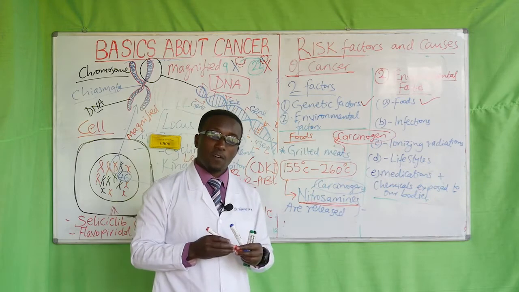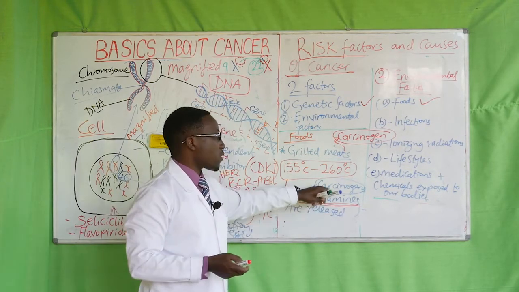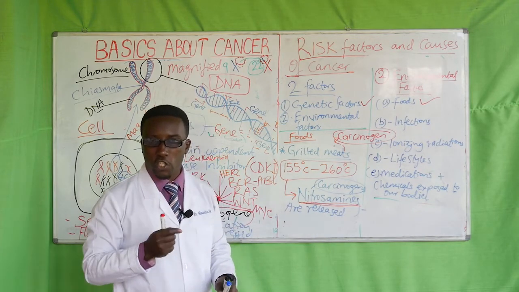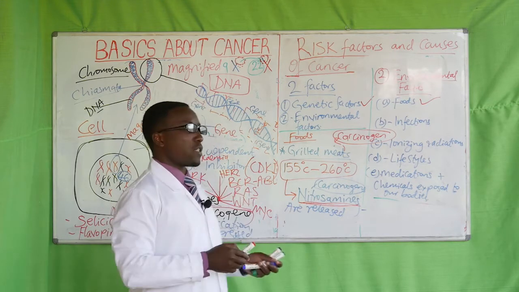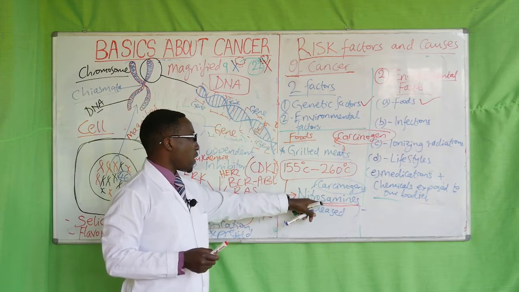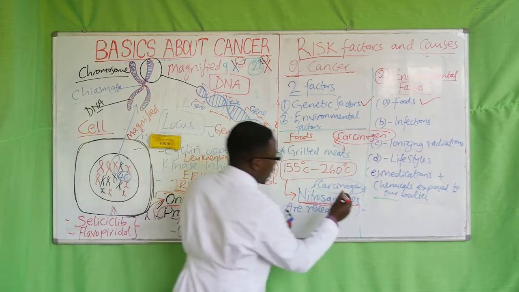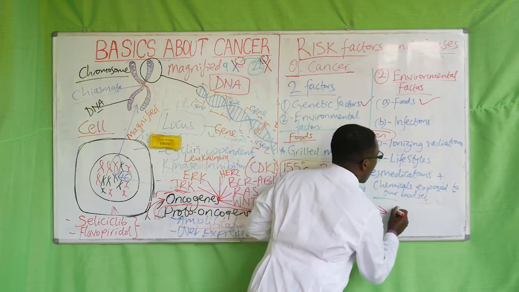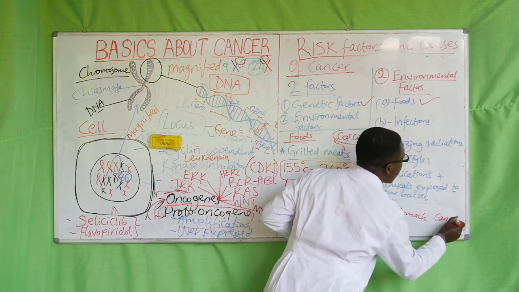From today onwards, you need to know that nitrosamines are carcinogens and they are implicated in the pathogenesis, in the beginning, of stomach cancer. Most stomach cancers result from nitrosamines. So nitrosamines cause what? Stomach cancers.